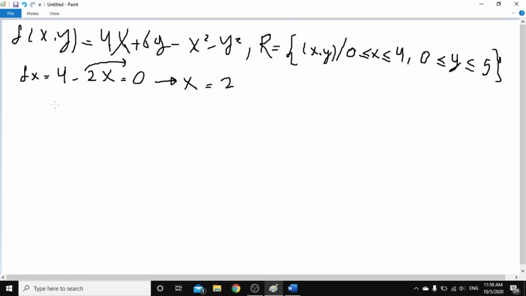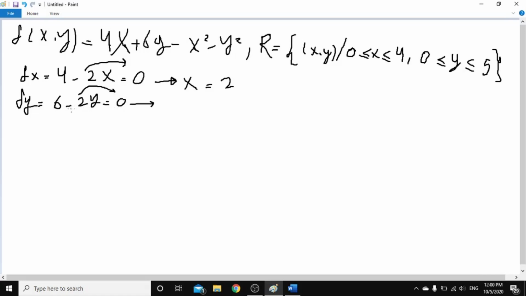Okay, and then let's find fy. fy equals 6 - 2y. Of course, we set it equal to 0 and solve for y. We can take negative 2y to the right side, and it becomes 6 equals 2y.